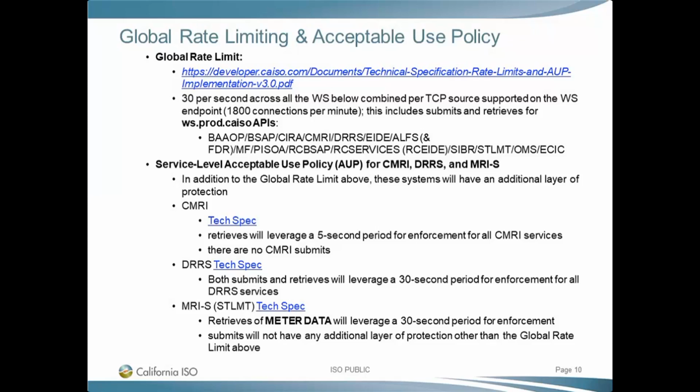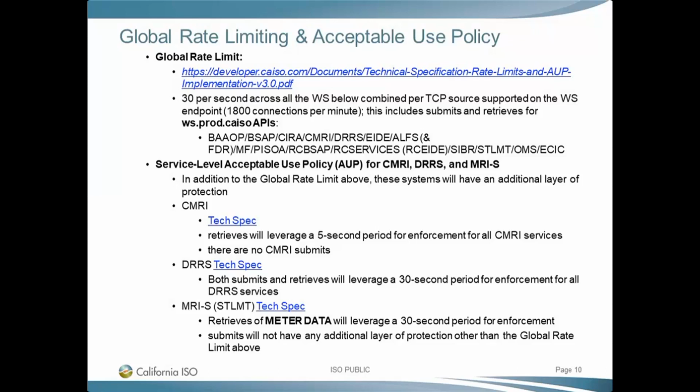And then for ADS, maybe Suresh can confirm for me. Suresh, are you there? Yes. So the answer is yes, it does apply, but not in addition to OASIS and WS. ADS has that enforced across its namespace for ADS.prod.